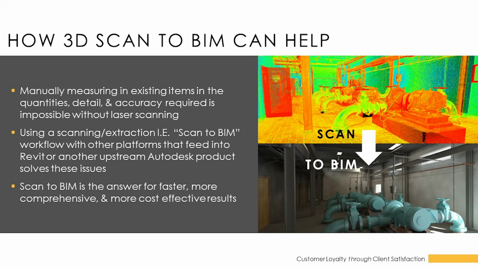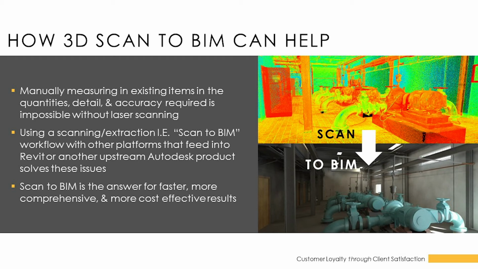You can imagine in the image to the right and above, to manually measure the components of those pumps to create that model would be very difficult. Whereas with scanning, pretty sure the guys could knock that out in a day, and then I can take this into the office. We can model it in place in very high detail and very accurately.